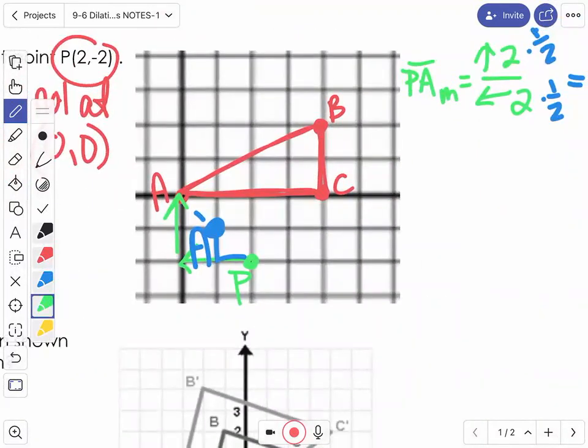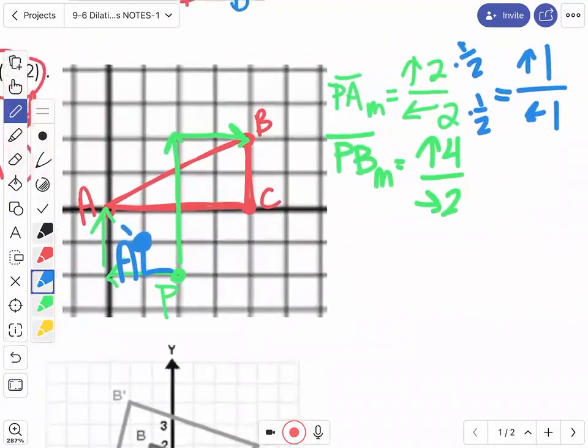Now let's do B. All right, to get to B, we're looking at up 1, 2, 3, 4, and over 2. So P to B slope, up 4, right 2. And same as before, both of these numbers times 1/2.